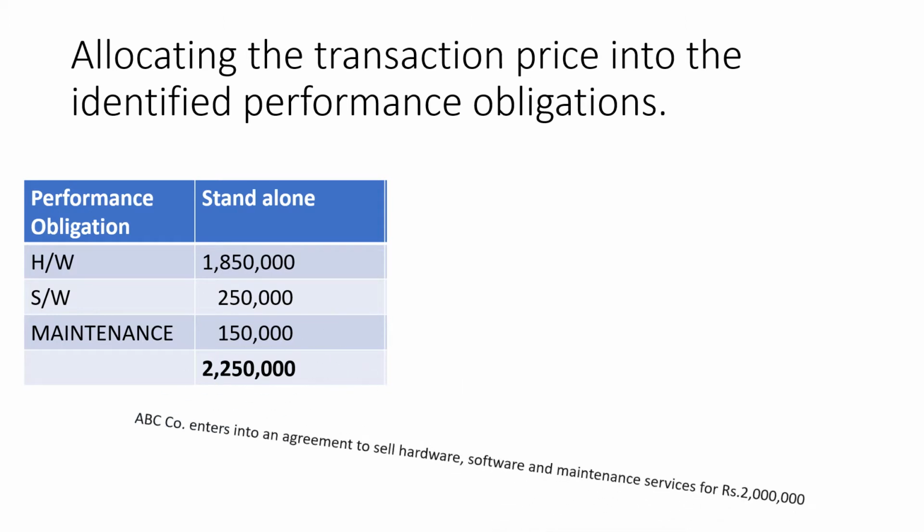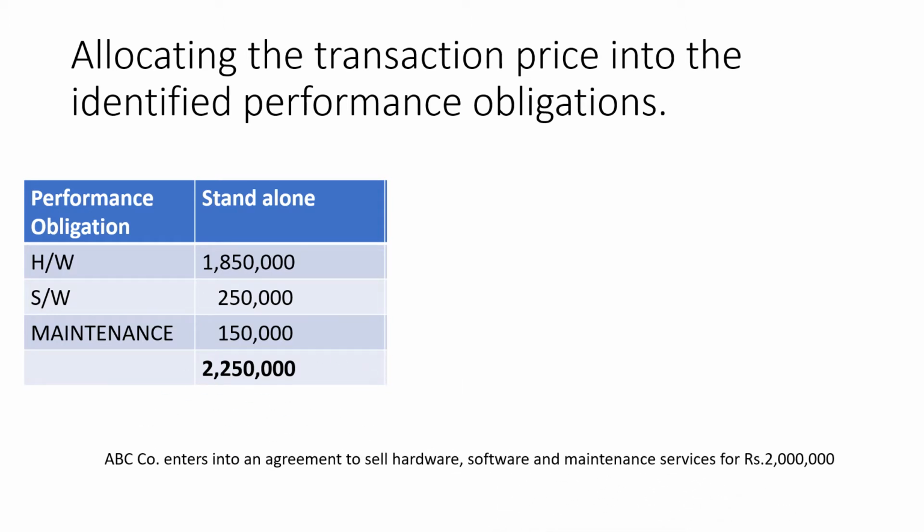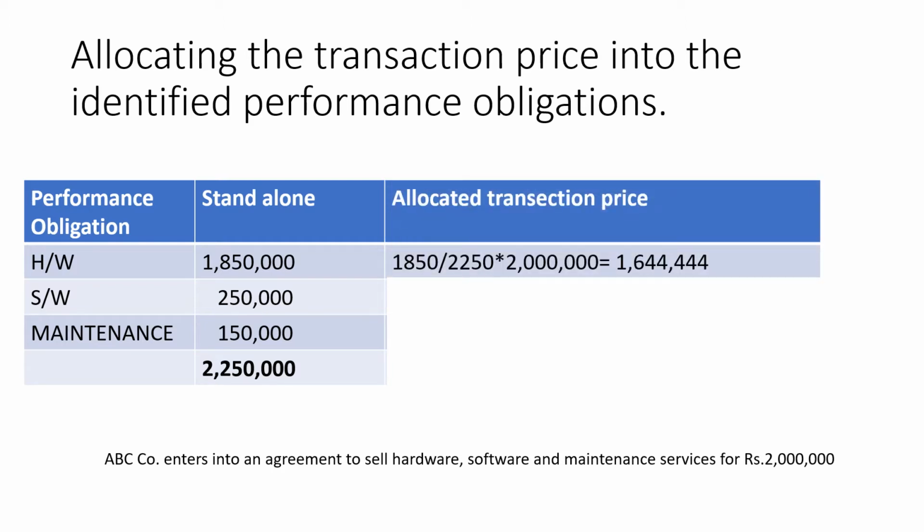In this question, it's mentioned that ABC agreed to sell hardware, software and maintenance service altogether for 2 million. Now let's see how we are going to allocate the hardware according to the agreed price. So we are going to take the proportion of the hardware cost from the total standalone price.